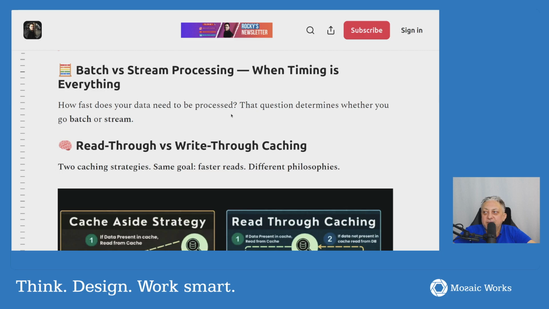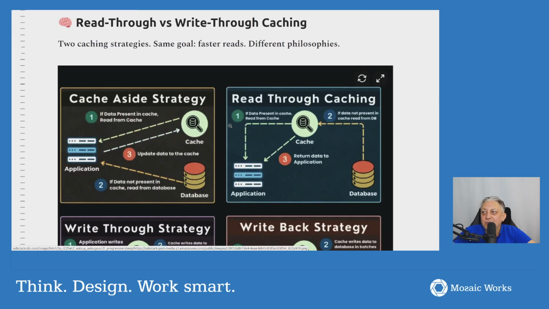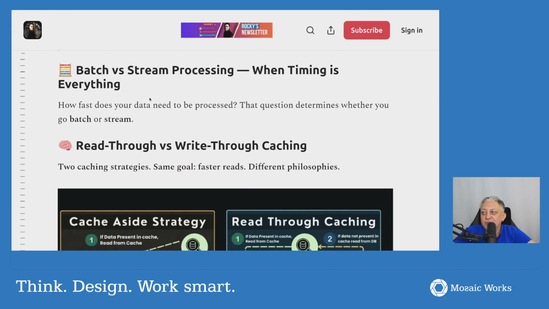Batch versus stream processing. How fast does your data need to be processed? That question determines whether you go batch or stream. Stream processing is basically real-time processing, but you need to ensure real-time speed.